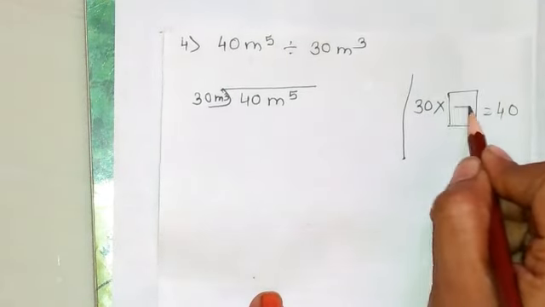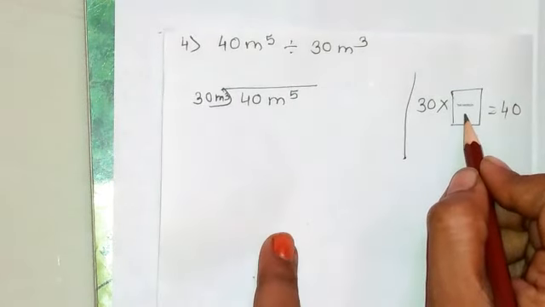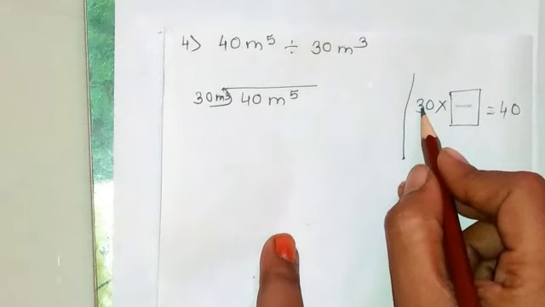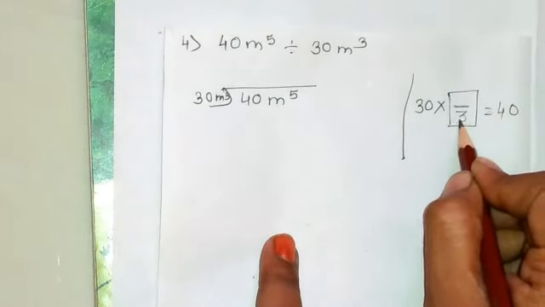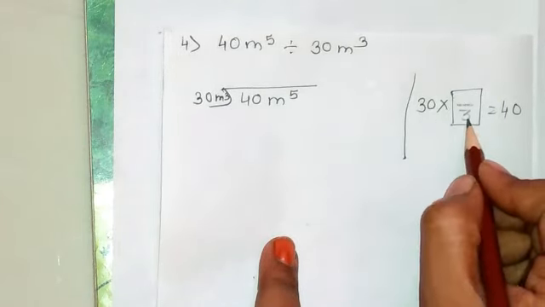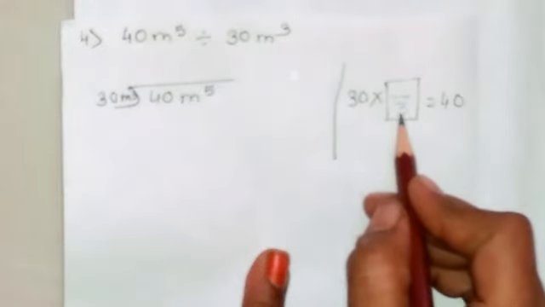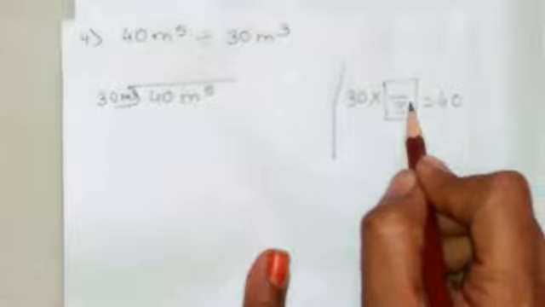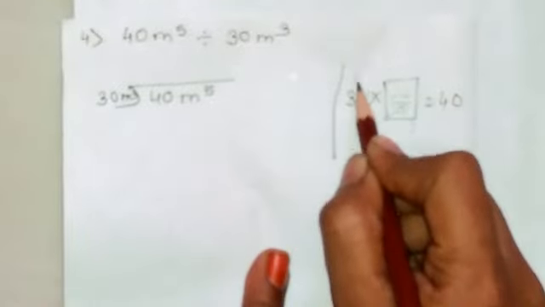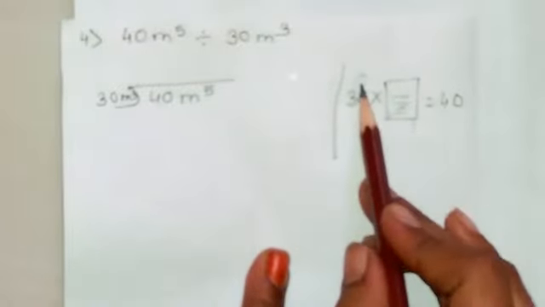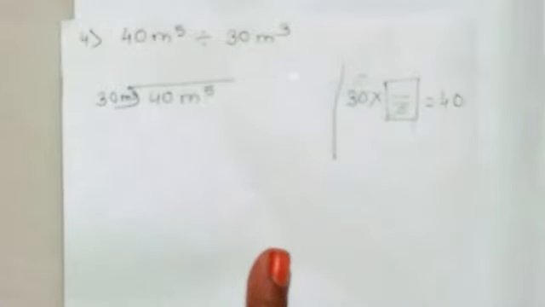Here our fractional number must have a denominator which should directly divide 30. So the basic number for dividing 30 is 3 only. If we divide 30 by 3, then 3 ones are 3, 3 tens are 30. Now here we get the number 10.